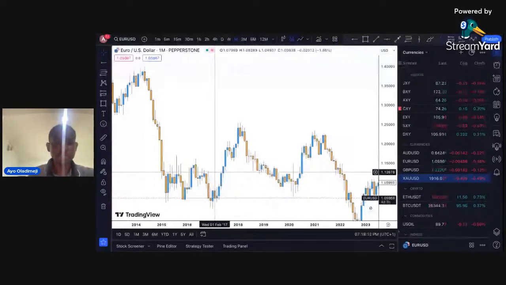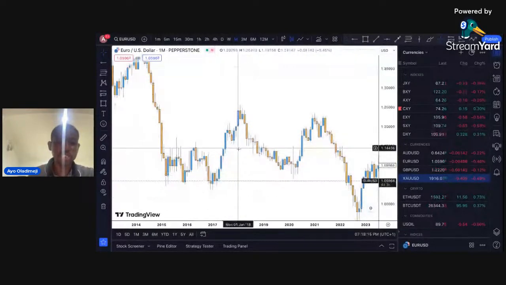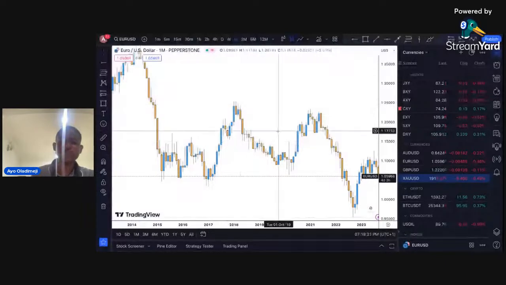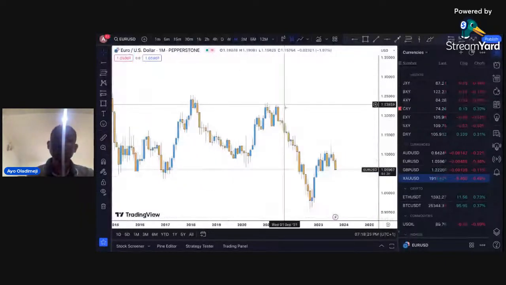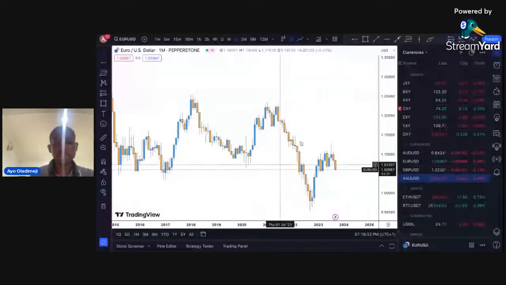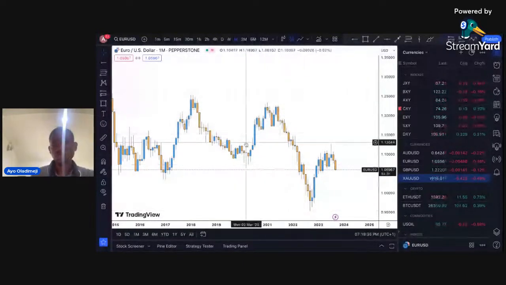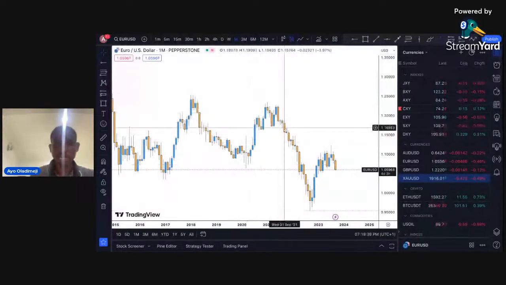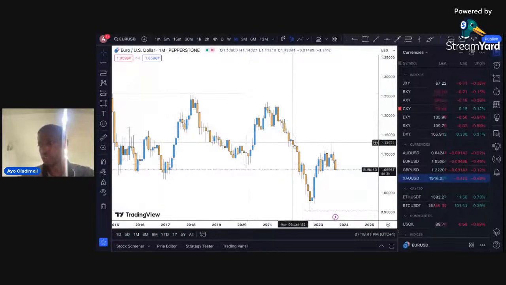And I told you if you have a series of bullish candles, the trajectory of price will be upward. If you see bearish candles following each other, you see price going down.